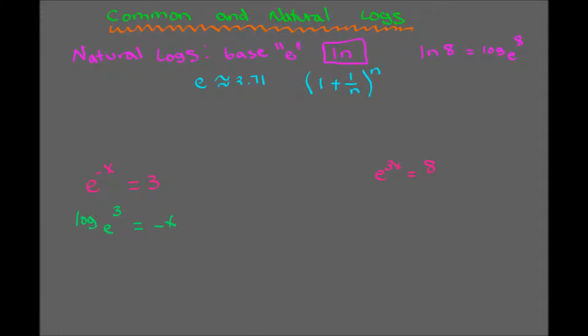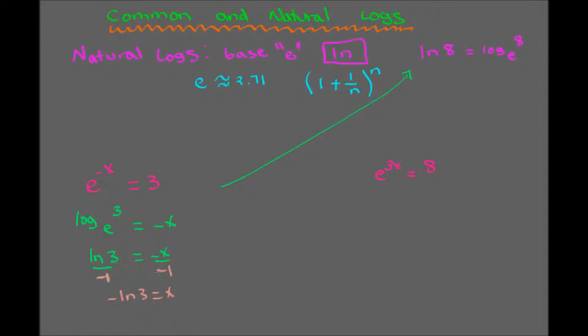So we know that when we have a log with the base of e, that's the same thing as ln. So we basically have ln 3 is equal to negative x. And to isolate negative x, we divide both sides by negative 1, and we get negative ln 3 is equal to x.